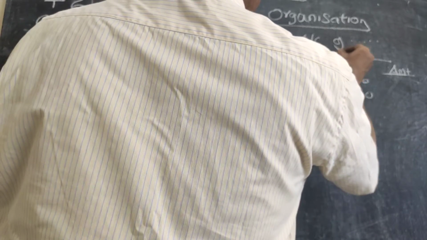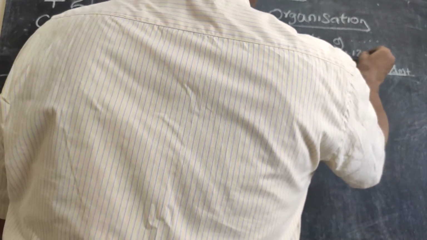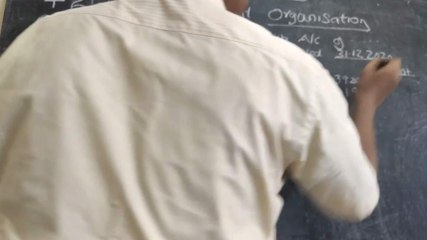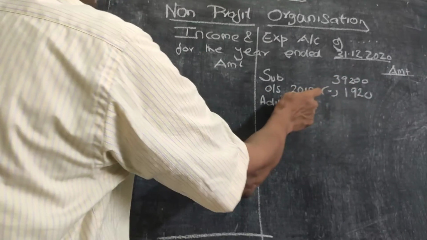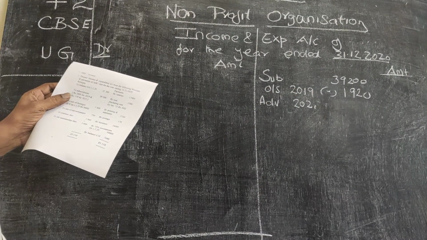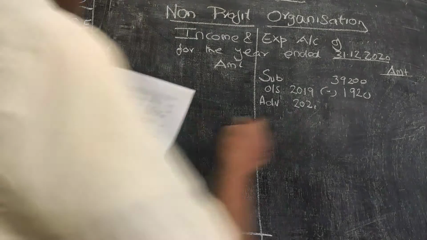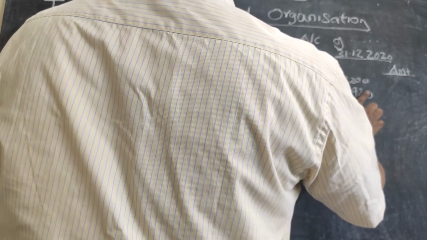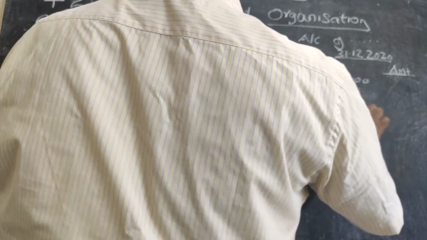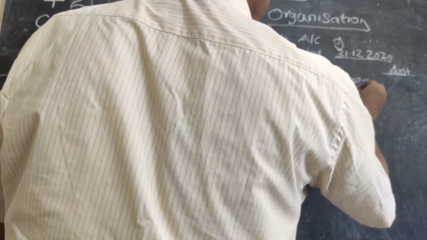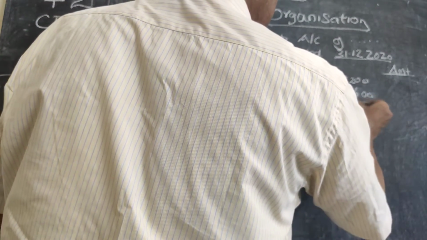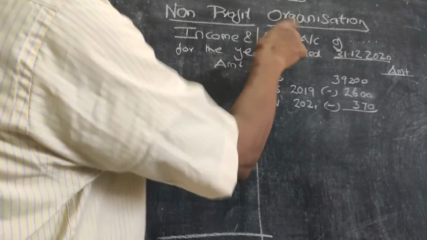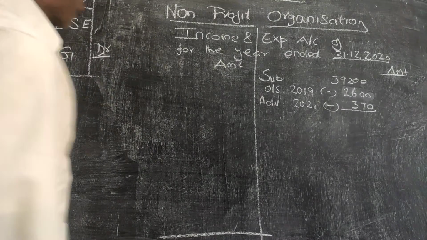This is as on 31st December 2020. Subscription received is 39,200, which includes the 2019 figure, 2019, sorry, 2019 by mistake I have put. This is given as 2,600 and the 2021 figure is given as 370. Both these figures do not pertain to this year, so I am removing that part.